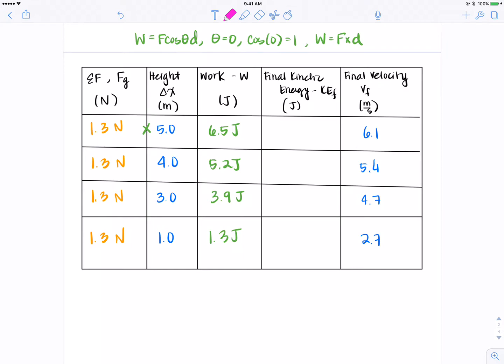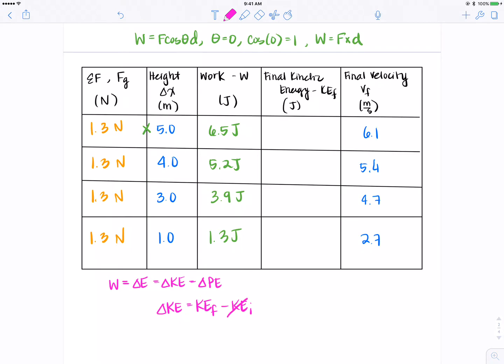However, recall that in this system where we have no non-conservative forces acting on our system, meaning air resistance and friction, work is equal to the change in energy. So that would be change in kinetic and change in potential. Kinetic energy, or delta KE, is equal to KE final minus KE initial.